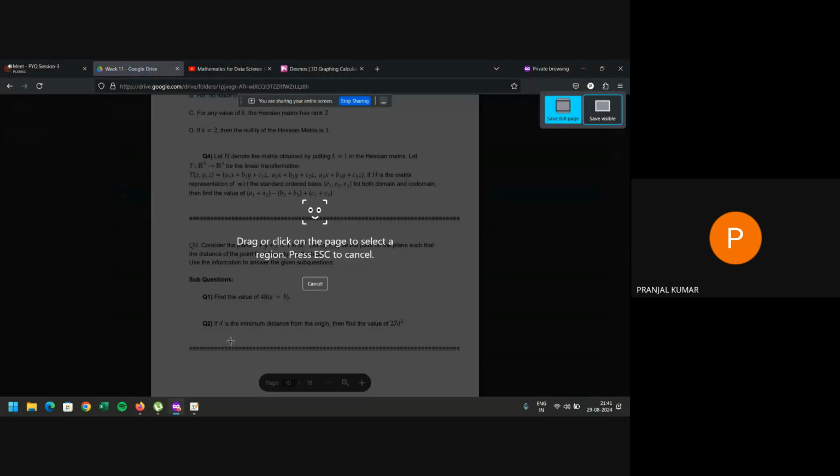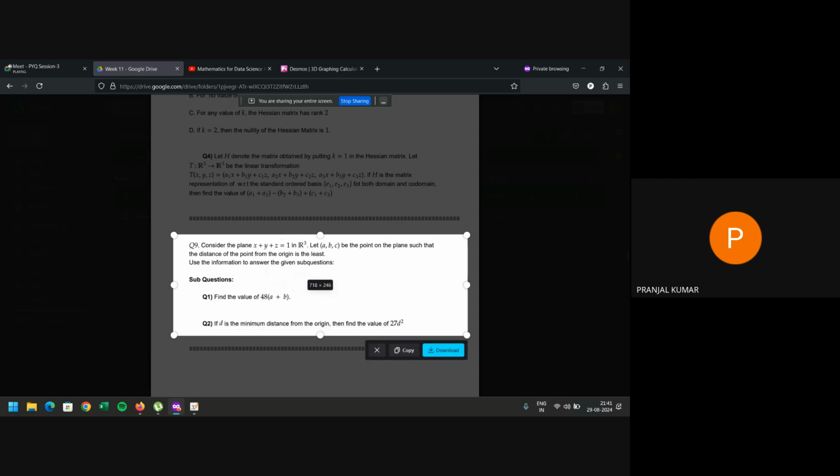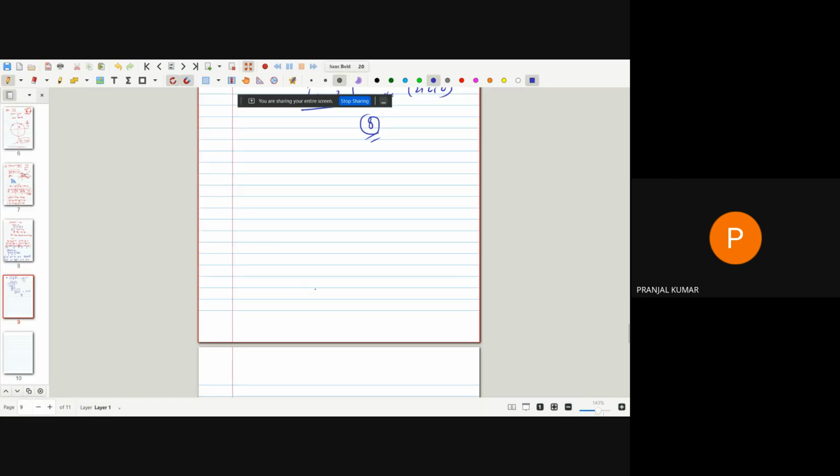This can be solved very easily if you know the formula, because some people might not know the direct formula. So when you have a plane and you have a point, the point in question is the origin.